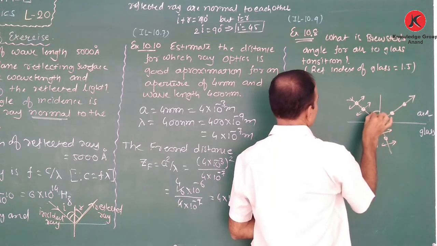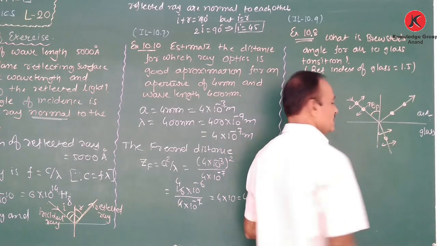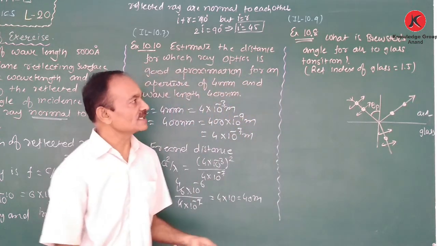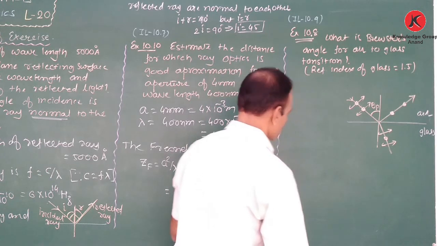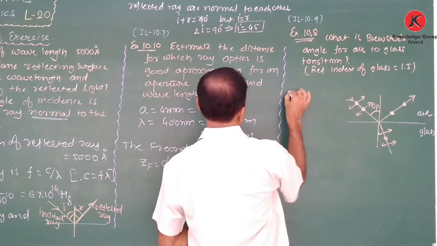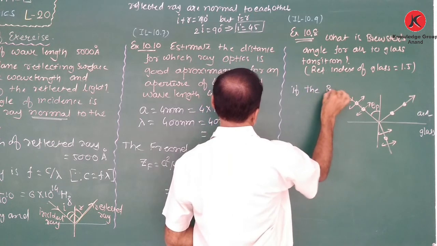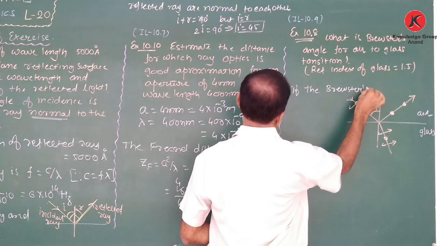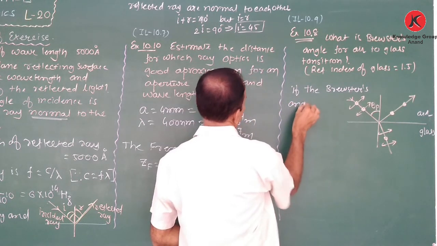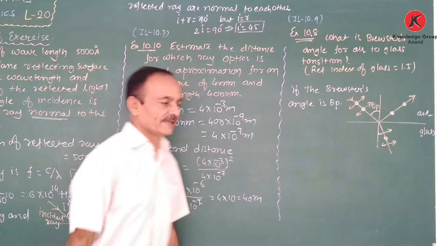Here the angle of incidence is known as the angle of polarization theta p, or the Brewster's angle. For that purpose, we assume the Brewster's angle is theta p.